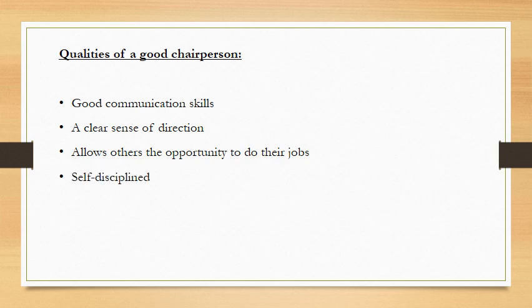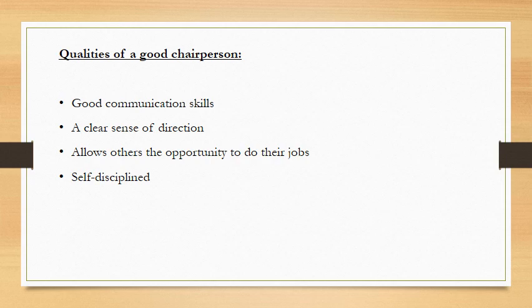Must have self-discipline. I've been to many meetings in my life, and they have been very interesting meetings. And I'm not lying, and this is a bit of gossip, but at one meeting, the chairperson body slammed someone else who wouldn't keep quiet.